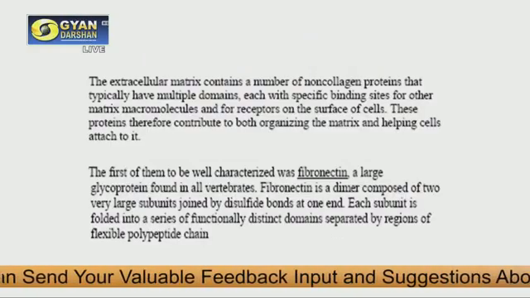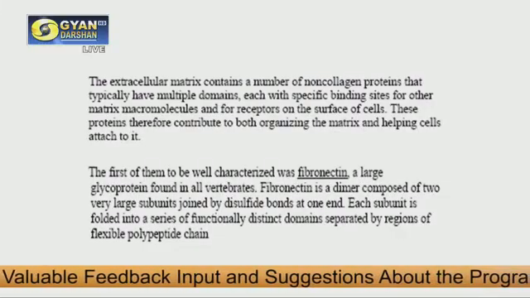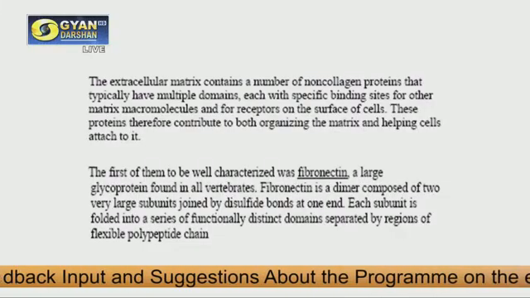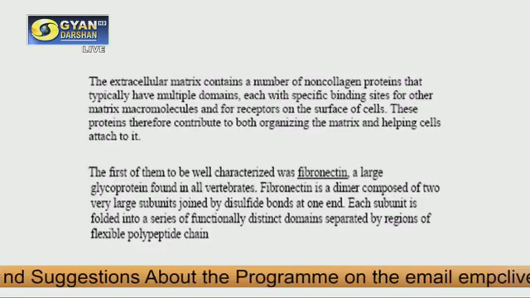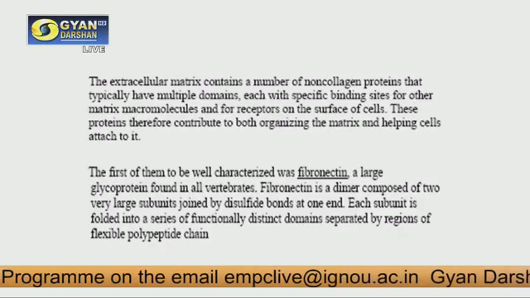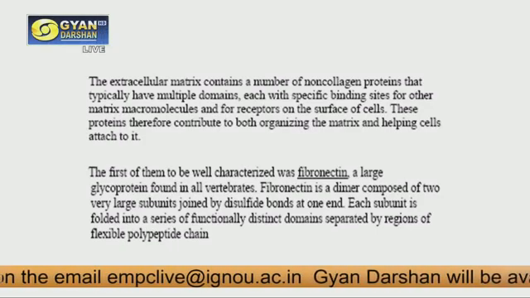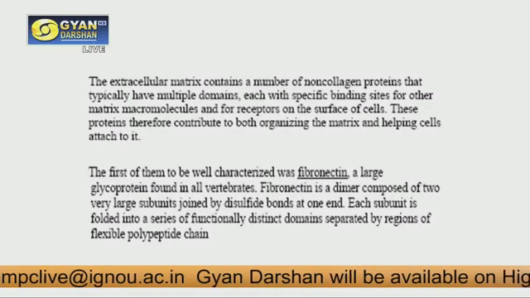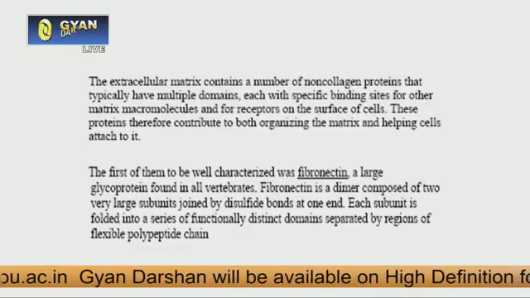So the extracellular matrix contains a number of non-collagen proteins that typically have multiple domains, each with specific binding sites. And as we said, among them is the fibronectin. It's a dimer with two very large subunits joined by disulfide bonds.